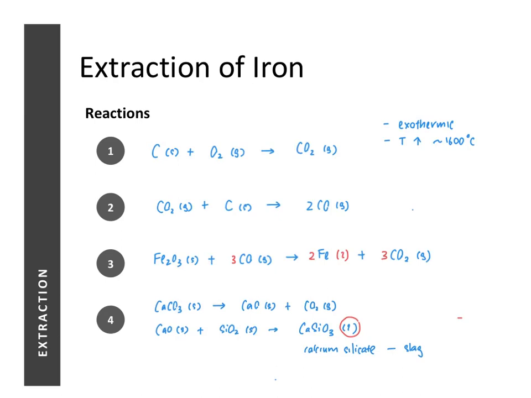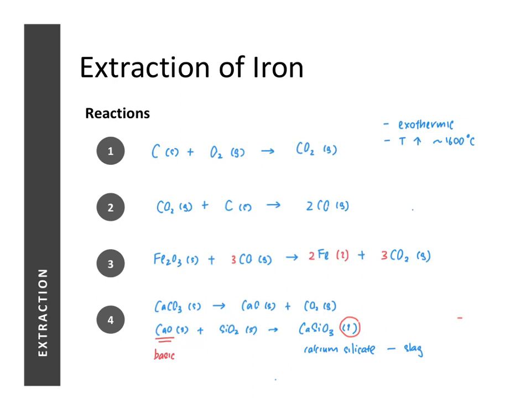Now there's one important thing to take note of in the very last reaction. If you can recall, calcium oxide is a metal oxide, and a long time ago, we learned that metal oxides are essentially basic.